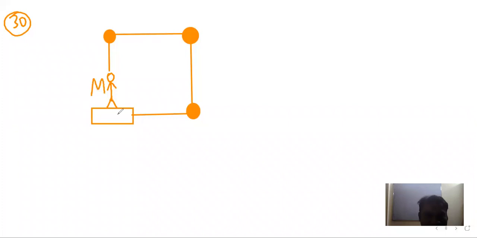Now, man has mass capital M, this block has mass small m, and there is a wall which is given to us. So this is the wall. These are the connection by the wall to the pulley.